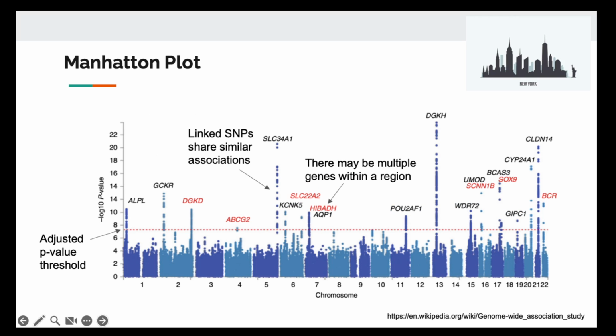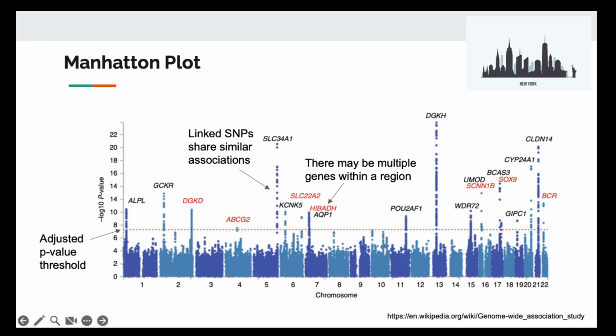And this is reflected whenever you look at this plot, which is called a Manhattan plot. If you have seen any movies about New York before it got destroyed by anything in the movie, this looks like skyscrapers in Manhattan.